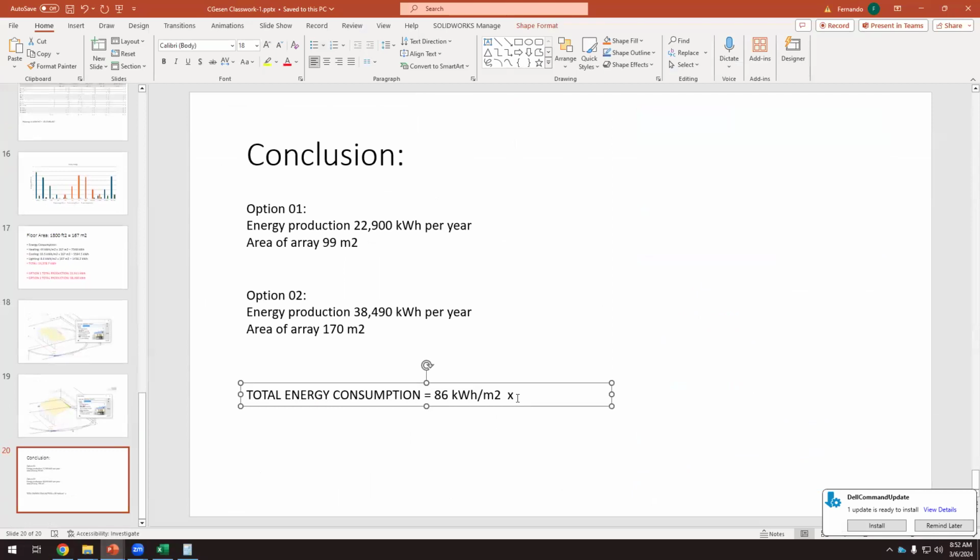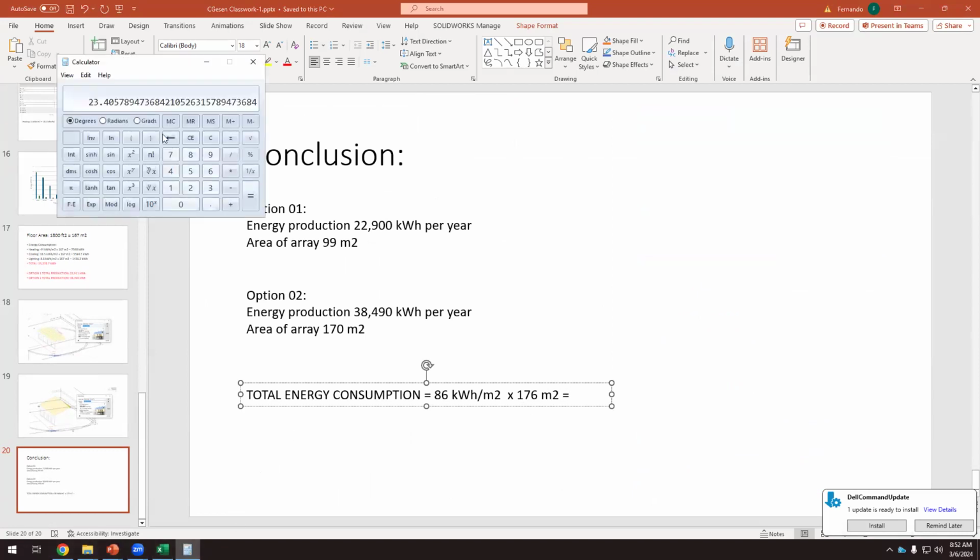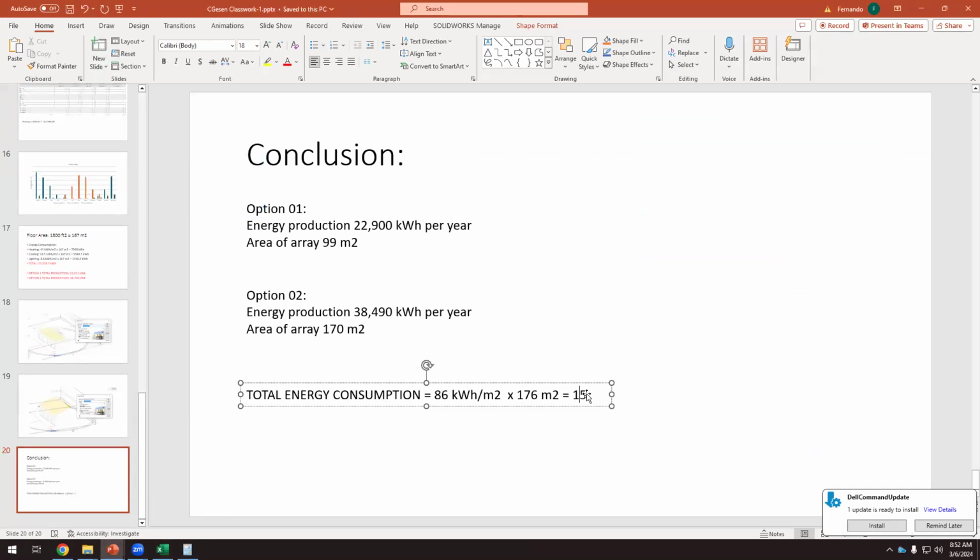If we multiply 86 times 176, this is 15,136 kilowatt hours per year.